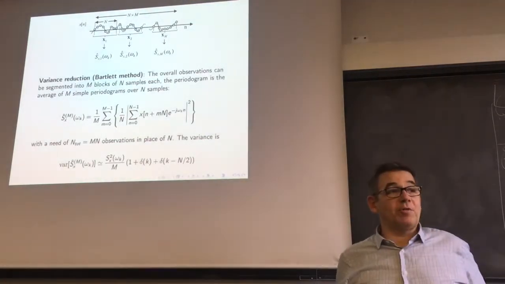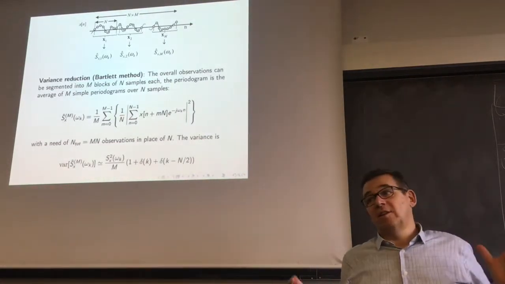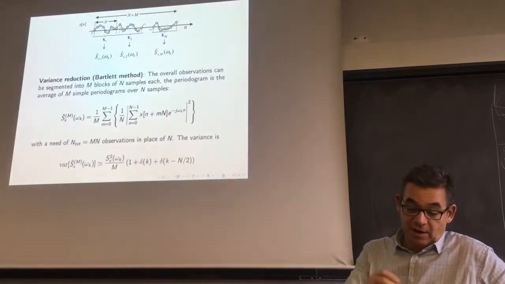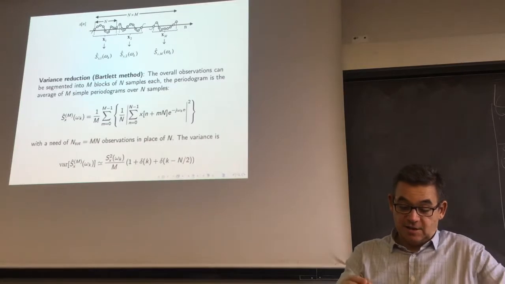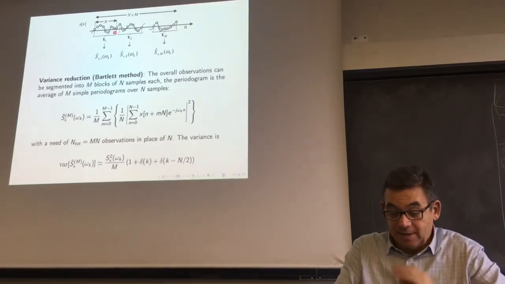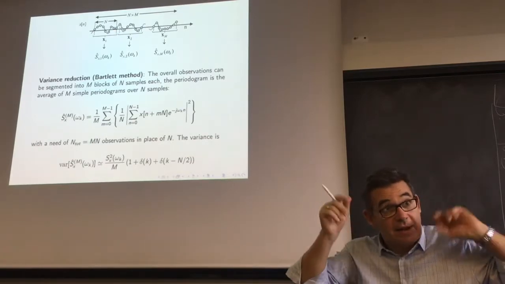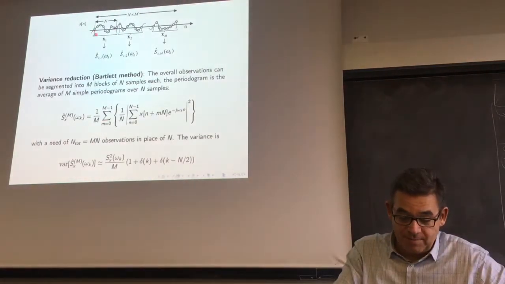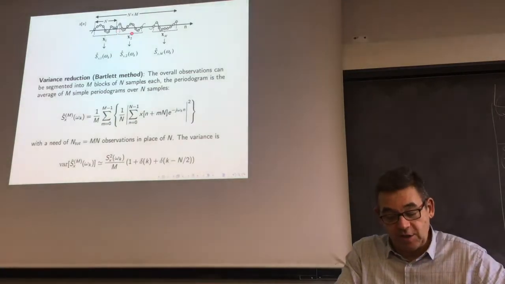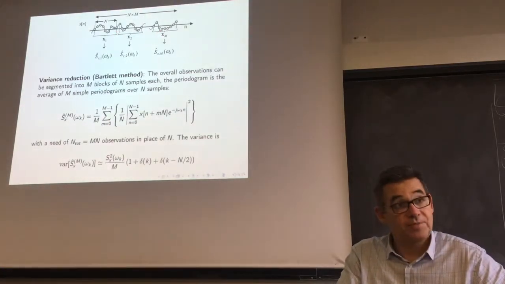Now the way to reduce the variance is, let me say, quite intuitive in the light of what we discussed so far. So what I need to do is this. I need to take all the data, segment it, meaning take a piece, a subset of data, compute the periodogram of each subset, and average.